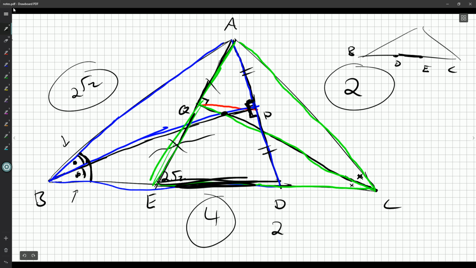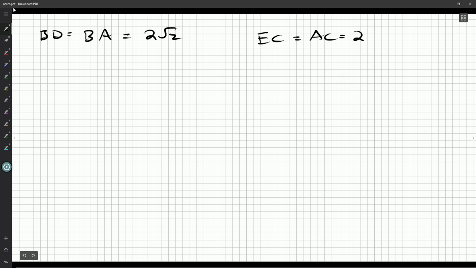So we'll say BD is the same as BA, which is 2 root 2. EC is the same as AC, which was 2. Yes, 2. 2 root 2 plus 2. 2 root 2 is about 2.8 something, plus 2 is greater than 4. So we'll say it this way.